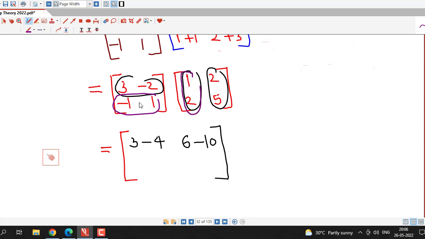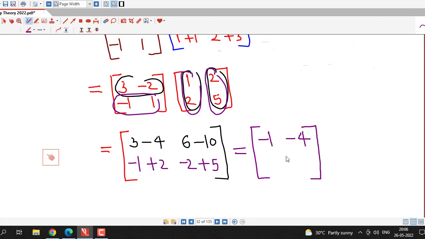First column: minus 1 into 1 is minus 1, 1 into 2 is 2. Second column: minus 1 into 2 is minus 2, and plus 1 into 5 is 5. So now we rewrite this.